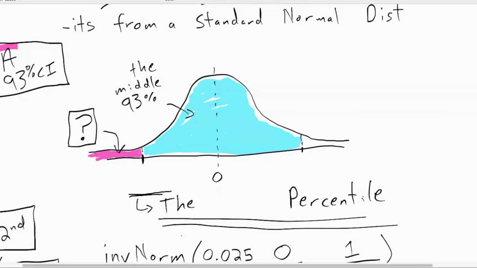Perfect. Because we're going to take that total area on both outsides, that's 7%, divide it by 2, and we get that there is 3.5% in just this bottom part, which means that the z-score that we use for a 93% confidence interval is going to be the 3.5th percentile.